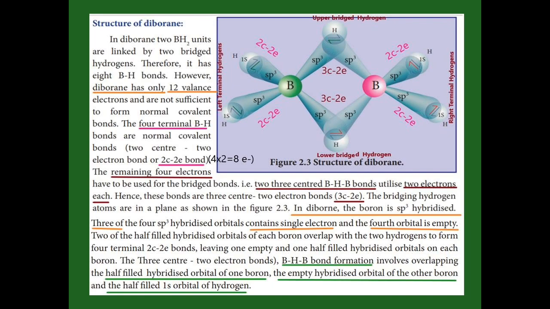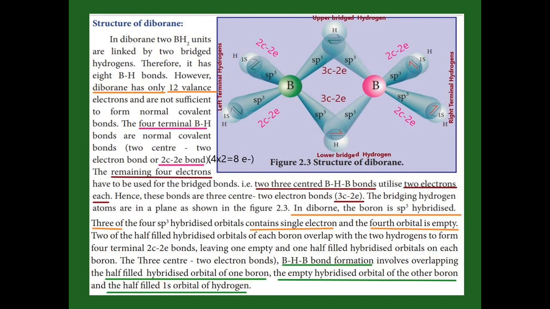Now around the boron we have 4 hydrogen. Normal covalent bond means each bond needs 2 electrons. Around the boron we have 4 bonds, so 4 into 2, 8 electrons we need for the green color boron. The same way in the rose color boron, around the boron we have 4 lobes. 4 lobes means 4 covalent bonds. Each covalent bond needs 2 electrons, so 4 into 2, 8 electrons.